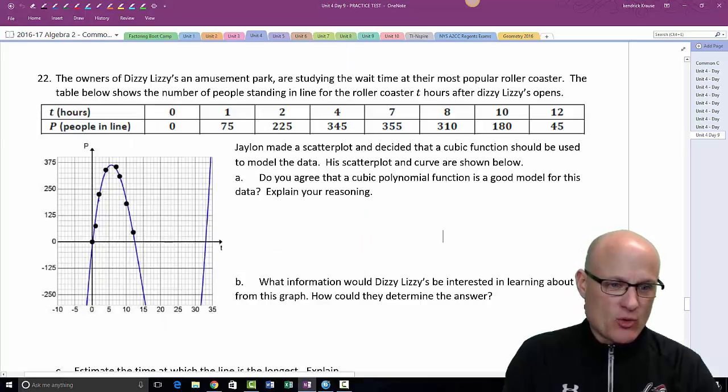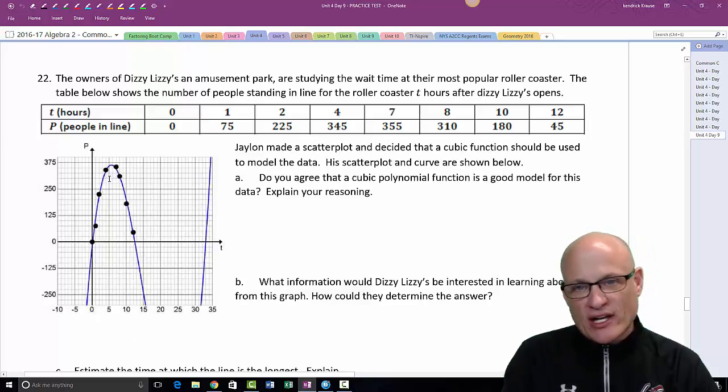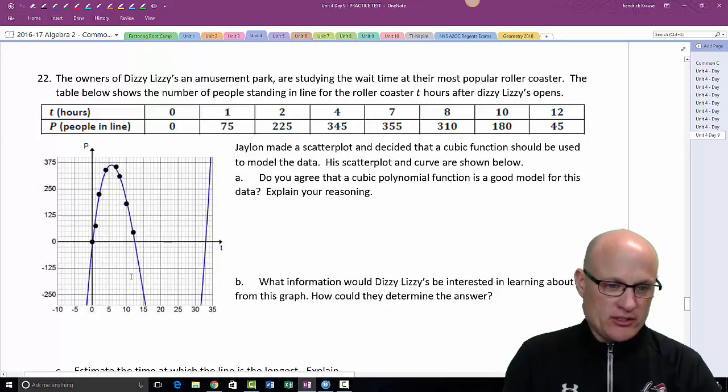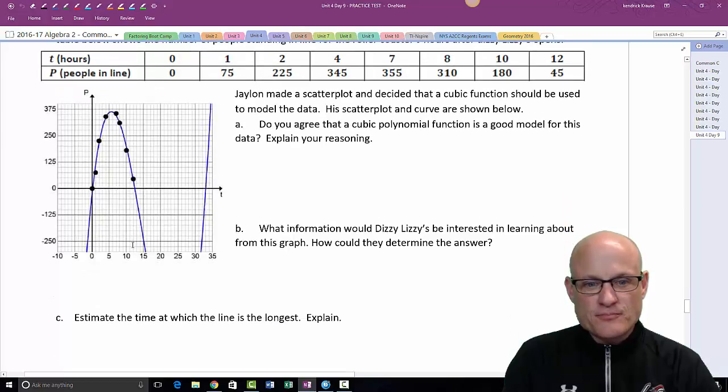I'm not sure why, but he graphed this thing to the left, and it looks like a good cubic model. But I don't use any of this information down here. So I would say no. The data points that he actually plotted represent more of a quadratic model rather than a cubic model.